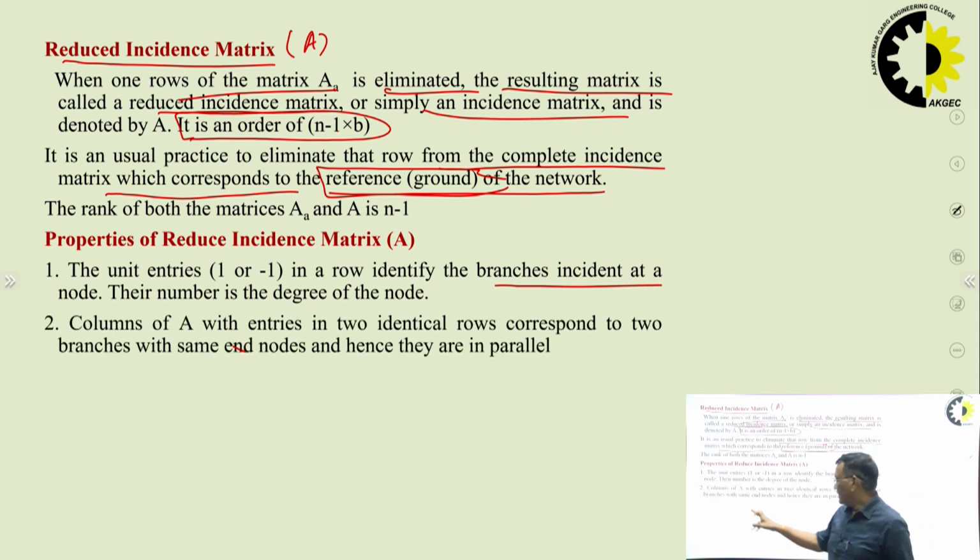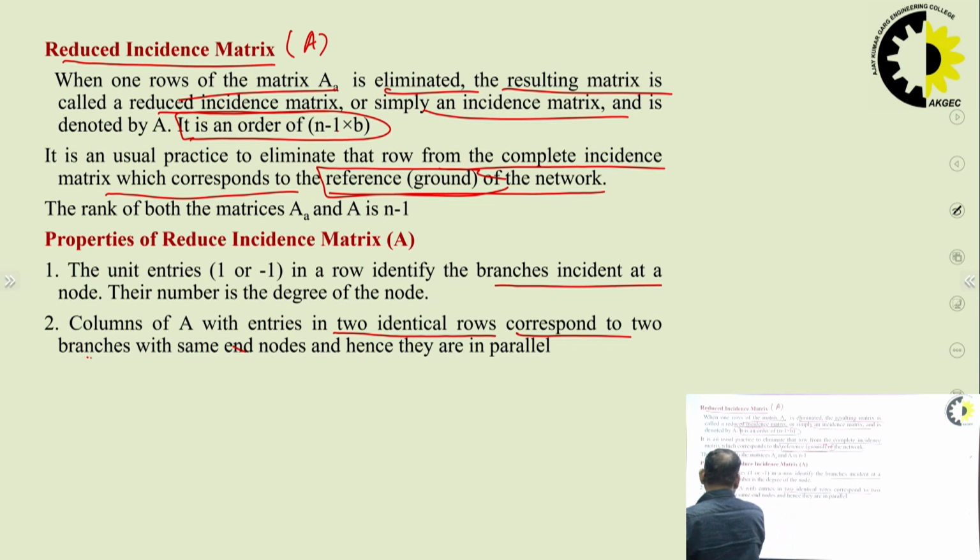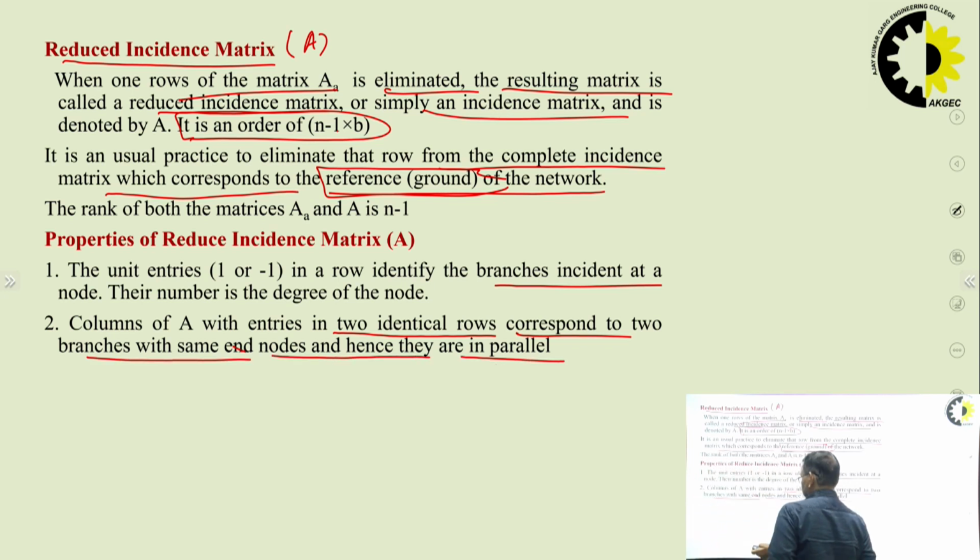Columns of A with identical entries in two rows correspond to two branches with the same end nodes, and hence they are in parallel. So if the entries of two columns are the same, then there are two branches connected in parallel.